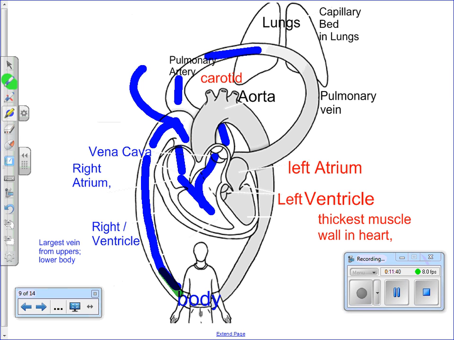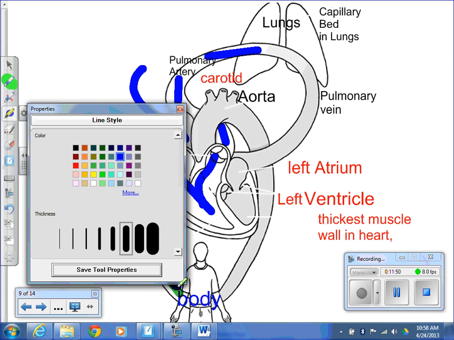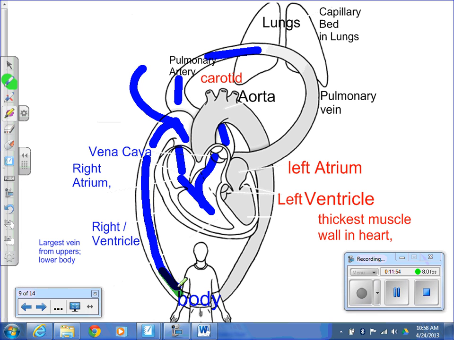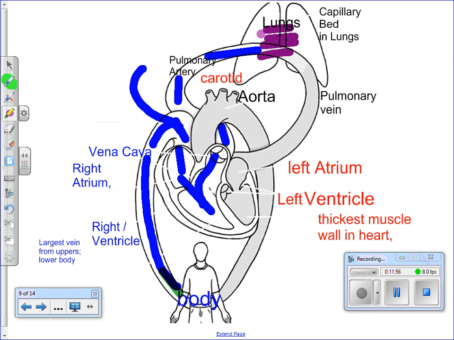In the lungs, we have a capillary bed, and the capillary bed is where all of the exchange of things happens. And here in this particular capillary bed, we are going to have oxygen and carbon dioxide exchanging.